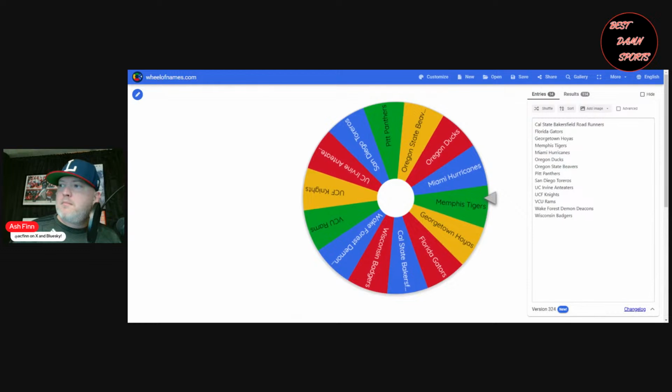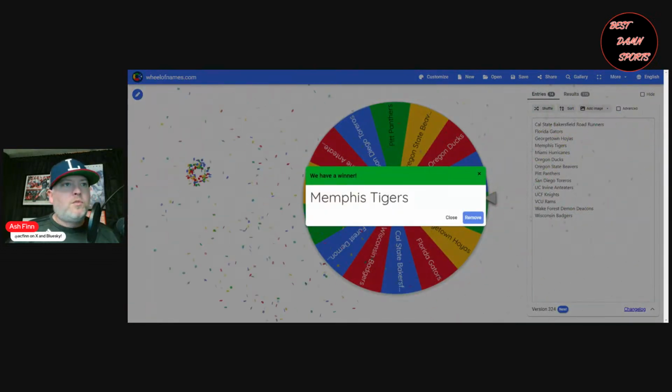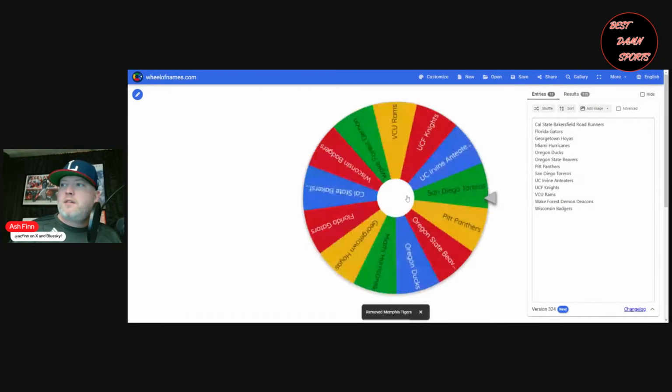Round and round. The Memphis Tigers look like they're going to be taken. That was one of our more recent additions to the server here, and they will be in the American Conference. The process of elimination will tell you who's getting the number 1 pick for there.